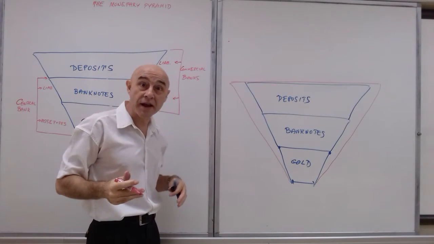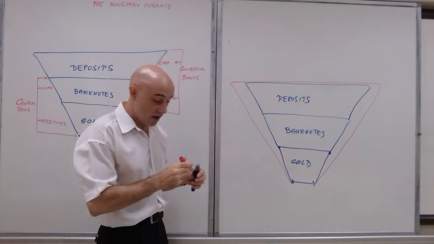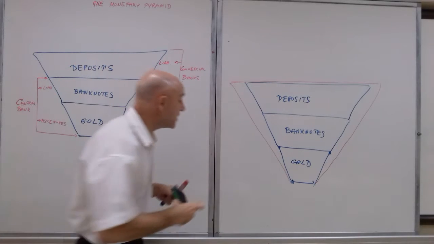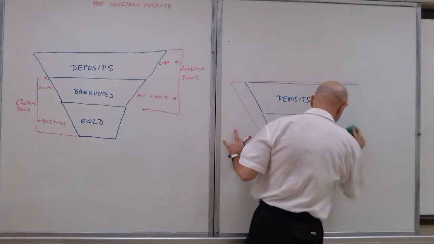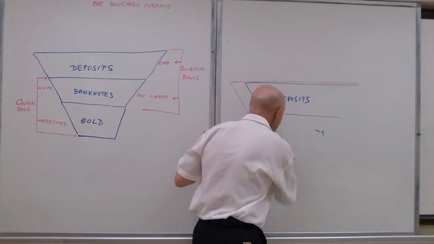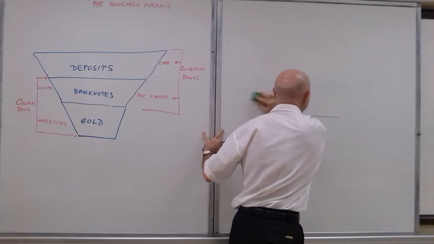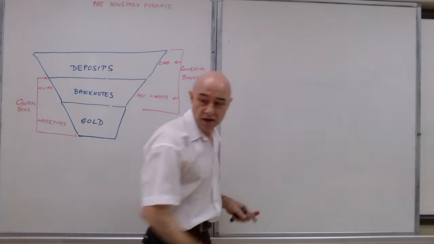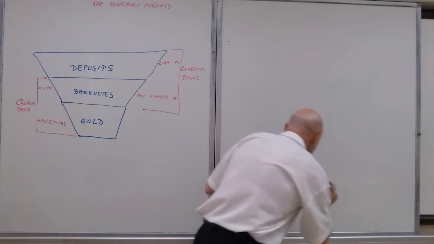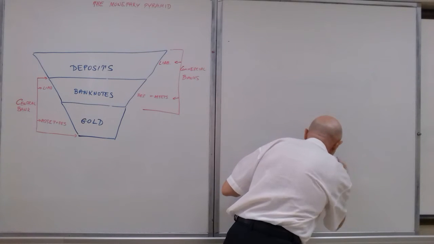Okay. And if, let's say, the reserve system is like 10 to 1, the monetary system can actually look like this.